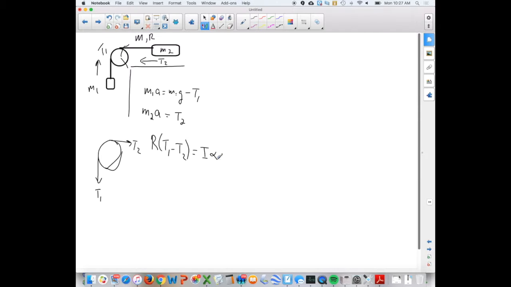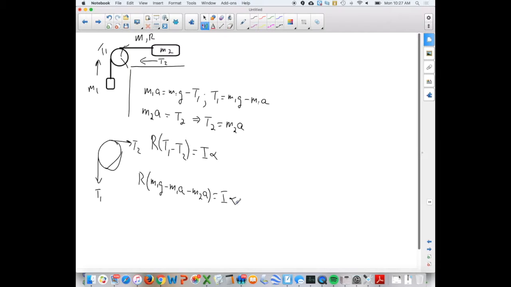Probably the simplest way to deal with this is to solve both of my first equations for T. So T2 is M2A, and T1 is equal to M1G minus M1A. Substituting those in here, I'm going to get R times (M1G minus M1A minus M2A) is equal to I alpha.